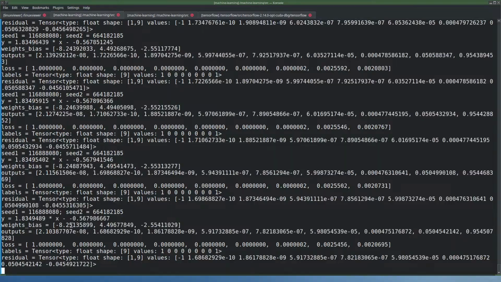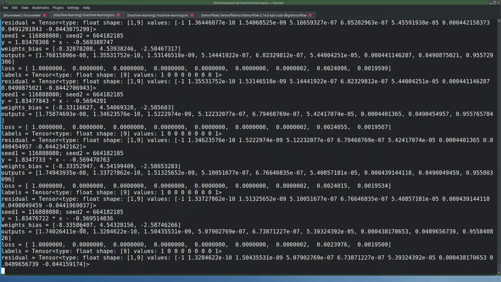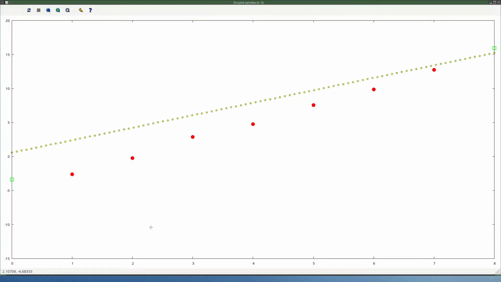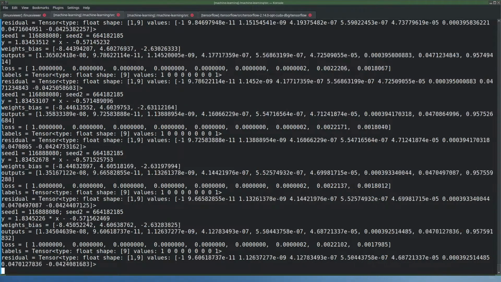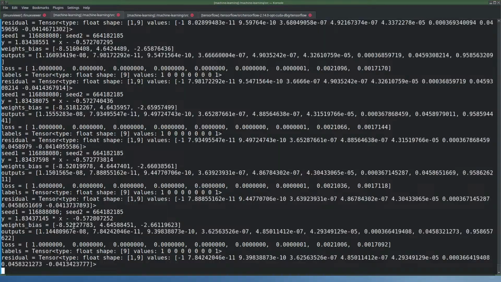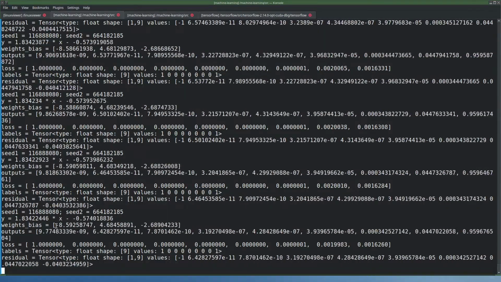If all three, there's two weights and a bias, if all three are multiplied with the same constant, then the line doesn't change. It's just the same line. But if you multiply with the same constant, then the sigmoid function gets narrower and narrower until it becomes a step function.